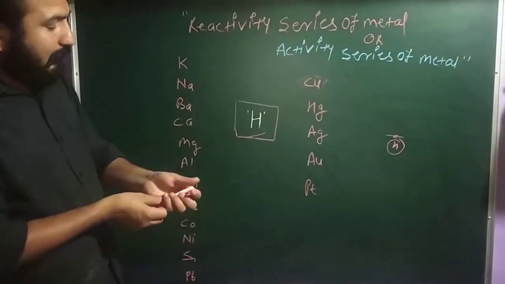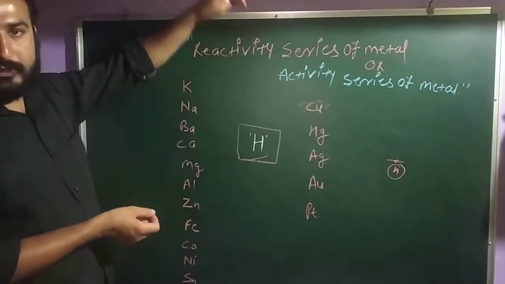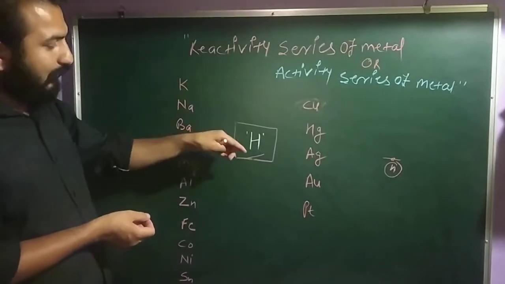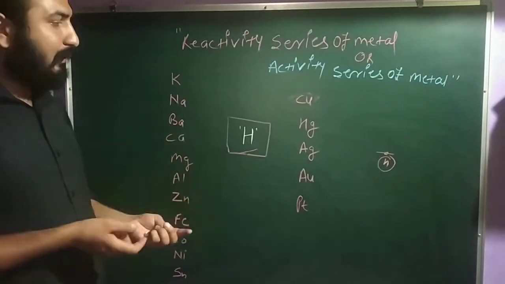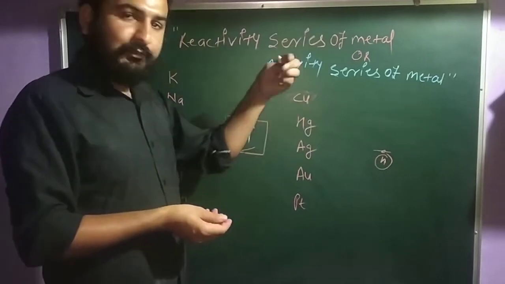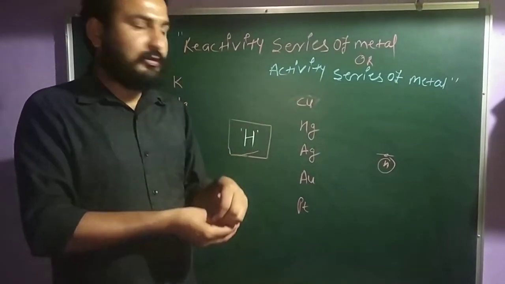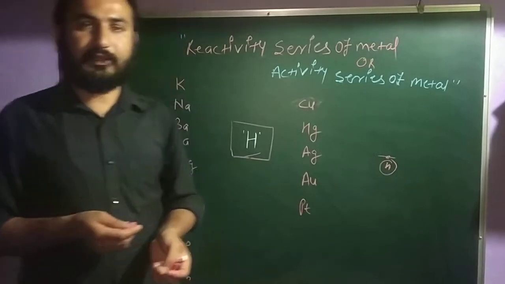That means the metals lying in the upward direction from hydrogen are called reactive metals, or highly reactive metals, and the metals lying below hydrogen are called lower reactive metals. Clear?